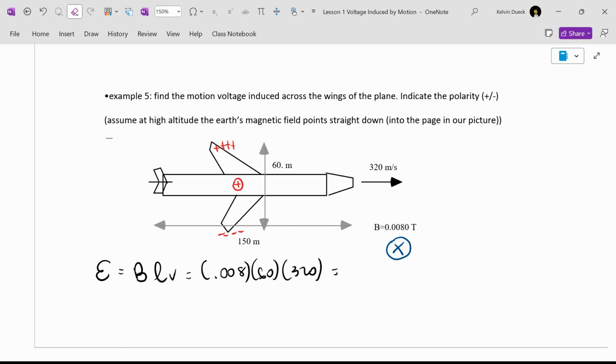How many volts do we get? What'd you get? How much? Let's go 154. Now, that's a fairly substantial voltage.